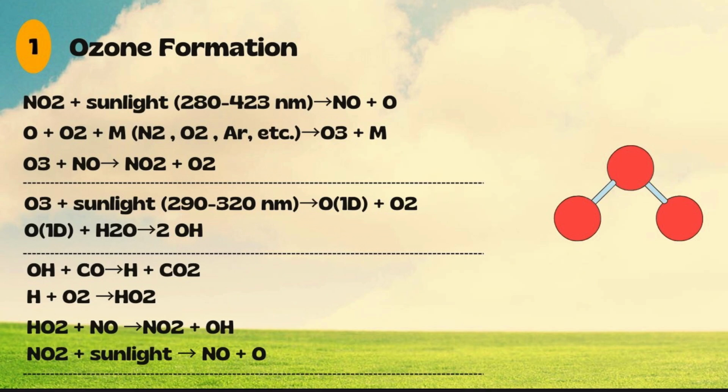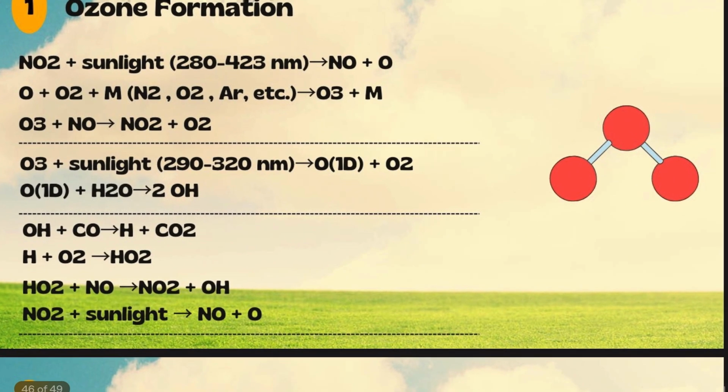Thus, increased NO2 and decreased NO concentration result in enhanced ozone formation due to reaction number 1 and reaction number 2. The key initiation step leading to the formation of the hydroxyl radical is the photolysis of ozone, yielding an electronically excited oxygen atom.